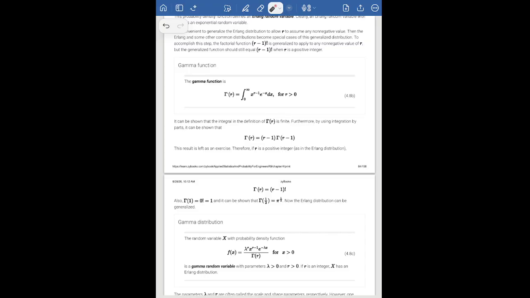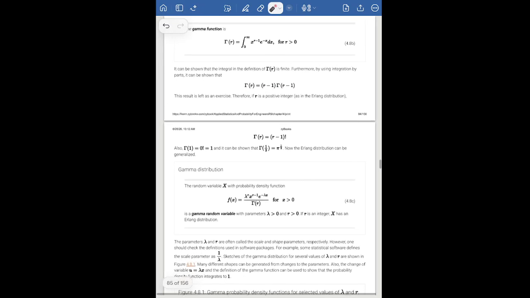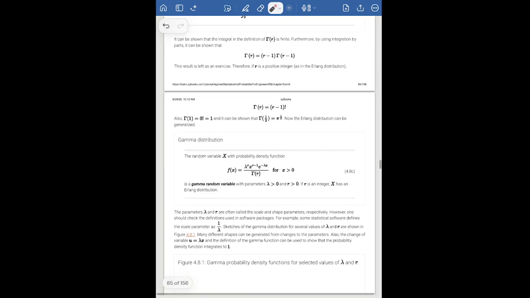This result is left in the exercise. I think it's good practice to see how this equals that. This is also a true relation. Let me keep this in the same context as with factorials, with the factorial of 0 equaling 1.